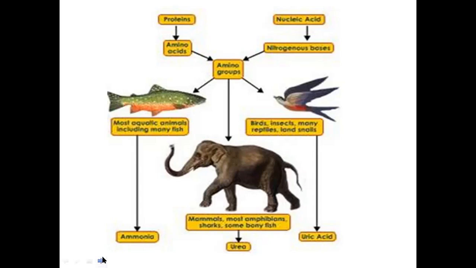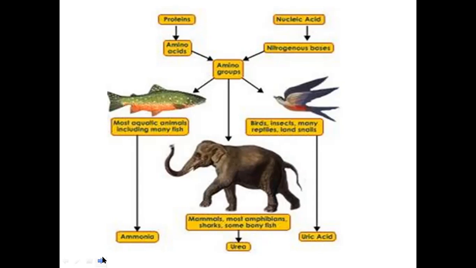And shifting towards ureotelism, as human beings, we follow this mode of excretion. So there is urine formation through which this urea is excreted outside the body.